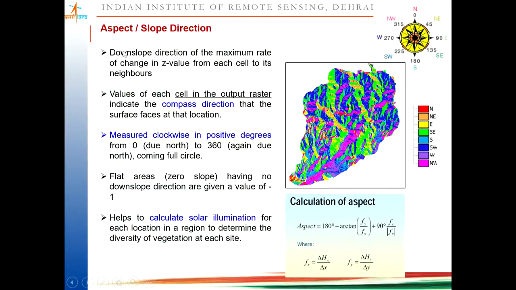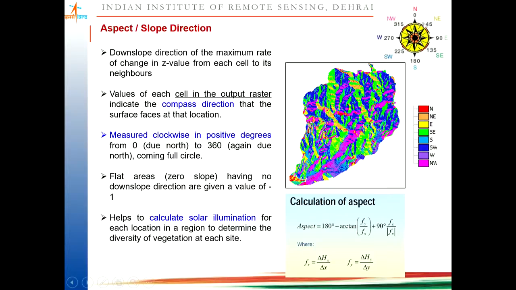Then comes another parameter of the watershed, your aspect map, meaning exposure of the surface to the sun, sun radiation. Aspect is the clockwise 0 to 360 degrees of any hill.